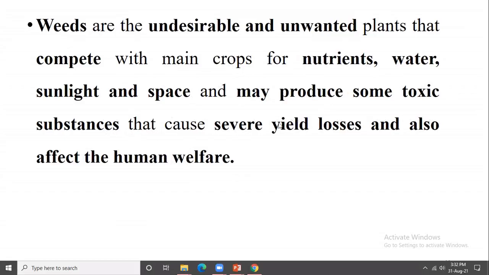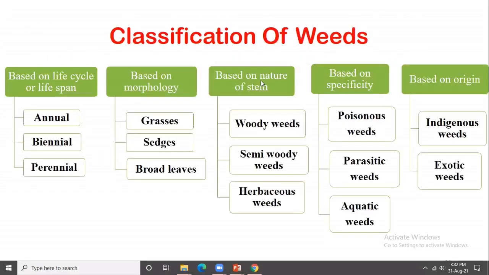In that case, during that reaction, there is yield loss and it also affects human welfare. That is the weed. The definition is must-needed for an exam. It can come in the theory exam, practical exam, spot exam, and written practical exam also.